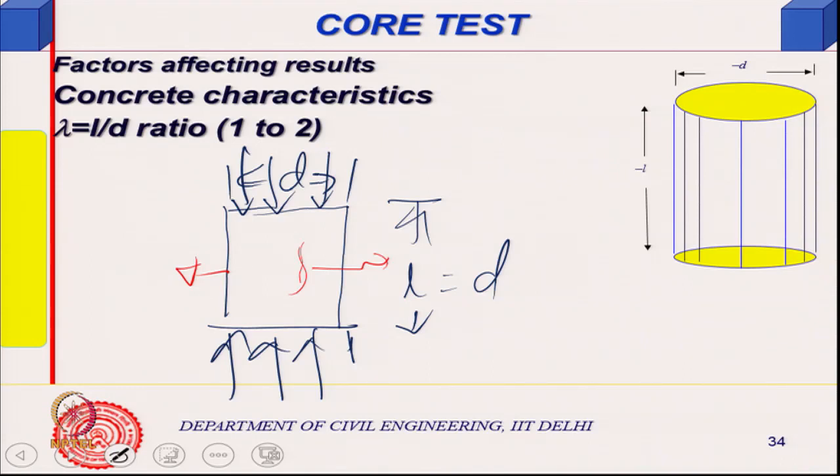But when it is trying to expand, the machine plates here do not allow expansion. So, there is a frictional force like this, right. This is what we call the platen effect, and this frictional force actually causes a biaxial or triaxial effect in a way.